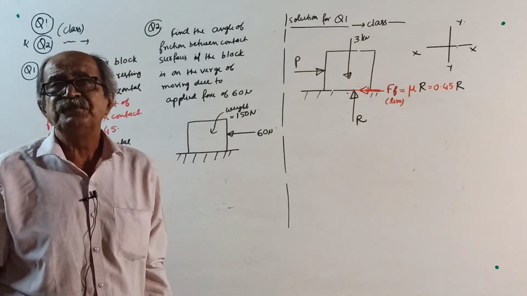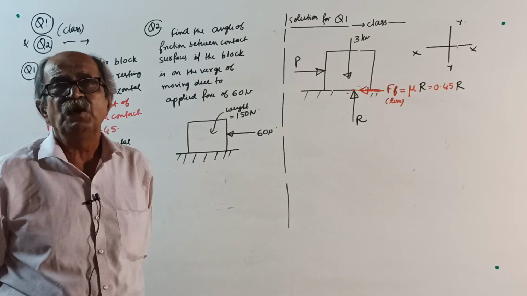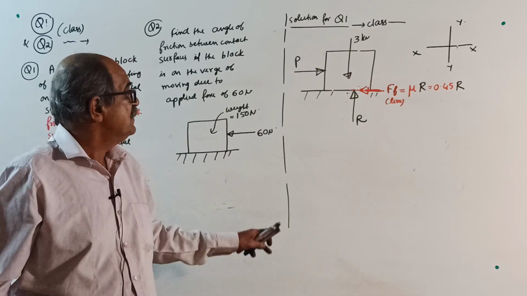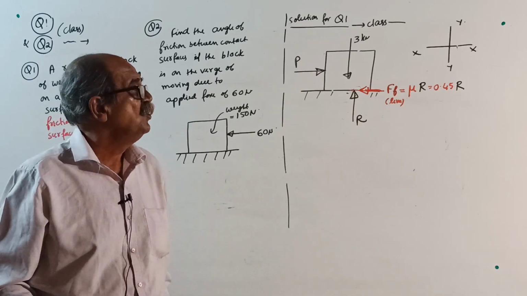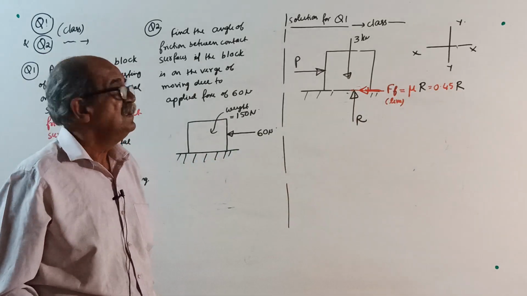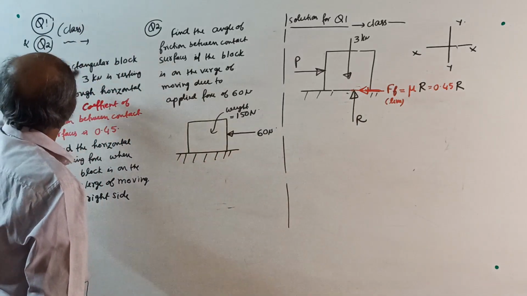And some more concepts are there, like minimum force required, or least force required. That I will tell tomorrow, next class. So today, before concluding, let us consider 2 simple examples, question 1 and question 2.